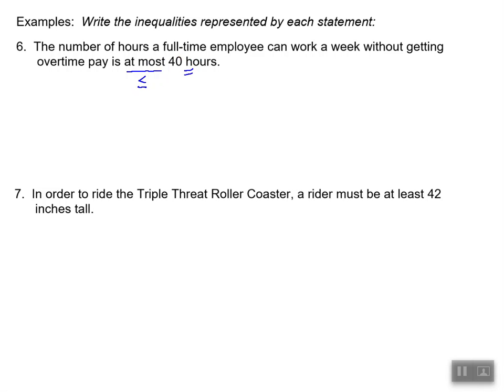Since we're talking about hours, I might use H. And since we're talking about at most, H must be something that's less than or equal to 40. Once we get more than 40 hours in our week, we have to be paid overtime. Well, depending on our job. But in this case, H must be less than or equal to 40.